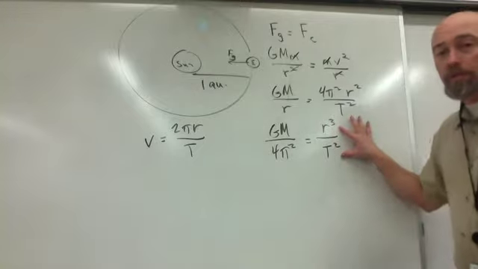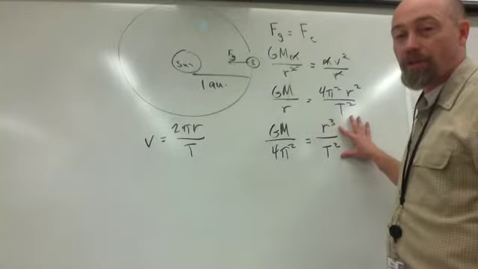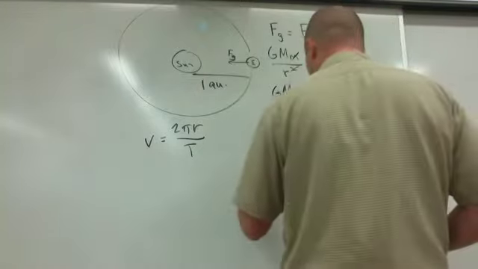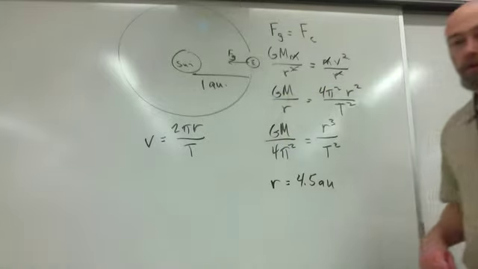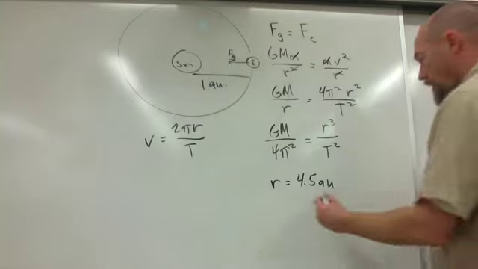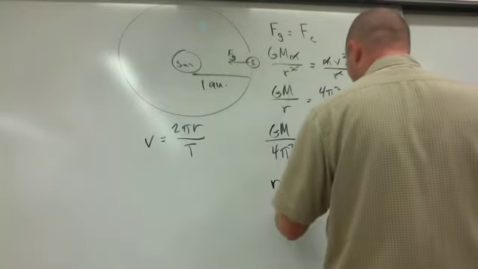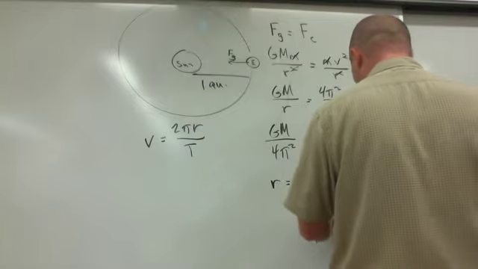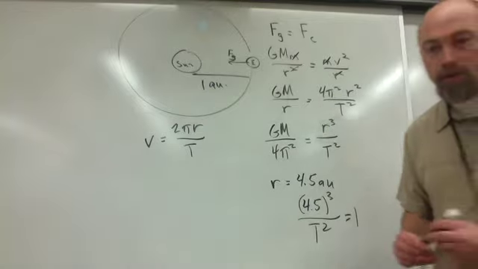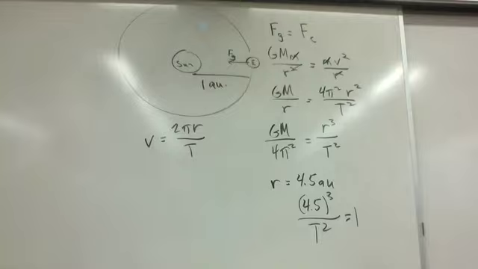So if you wanted to do some random object whose R was 4.5 AU, here's how you would solve it. You would say, all right, my new R is 4.5. I'm going to cube that over T squared equals 1. Let me grab a calculator real fast.